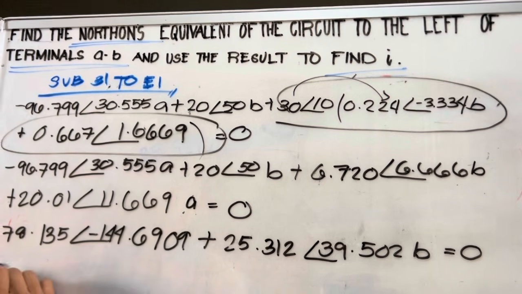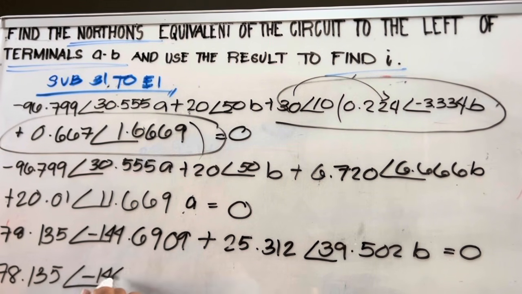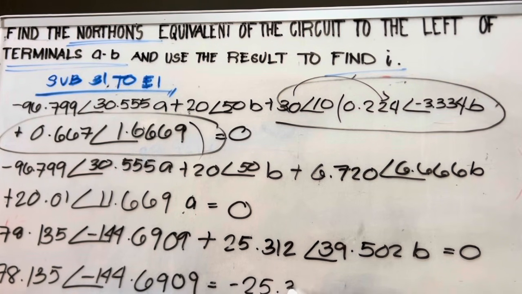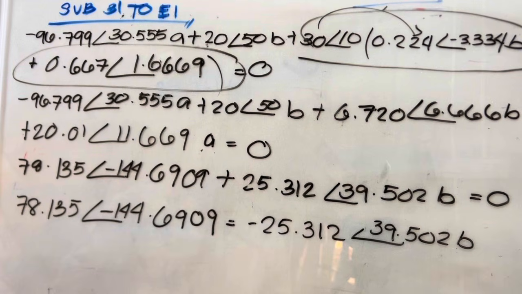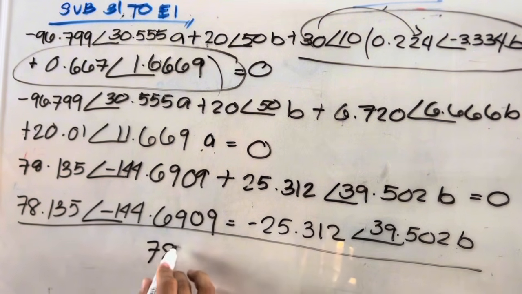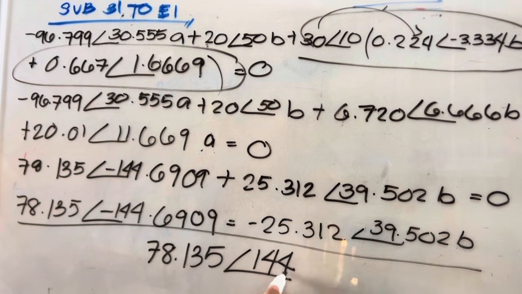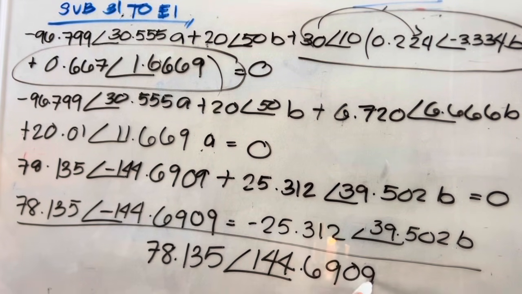We will now have 78.135 angle of negative 144.6909 is equal to negative 25.312 angle of 39.502 times B. We will now divide both sides by 78.135 angle of 144.6909.